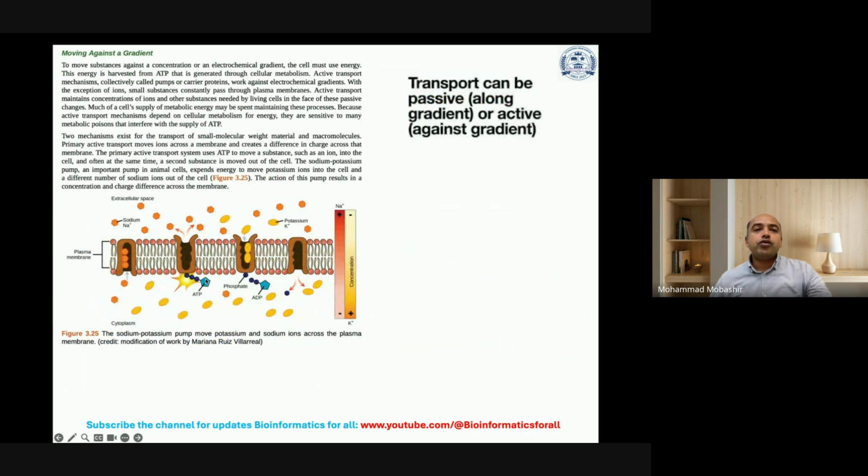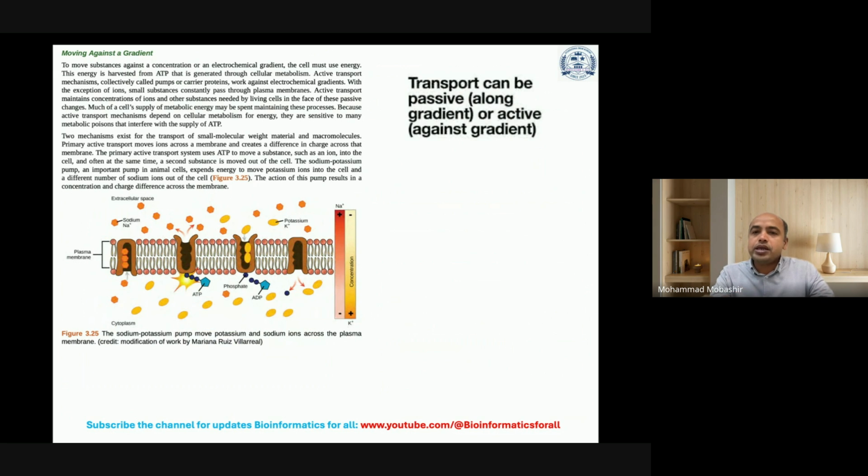Now, moving against a gradient, here you can see how it could look. For the movement of substances against a concentration or electrochemical gradient, there is definitely energy required. And this energy is harvested from ATP that is generated through a process called cellular metabolism.